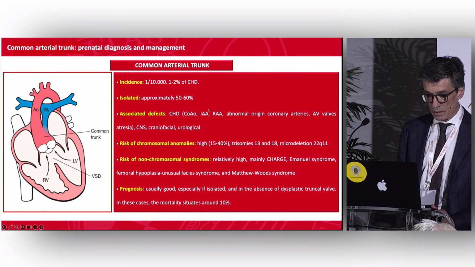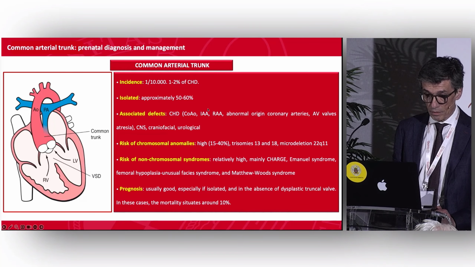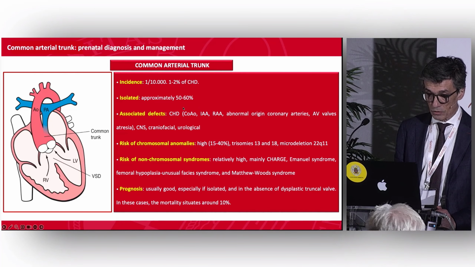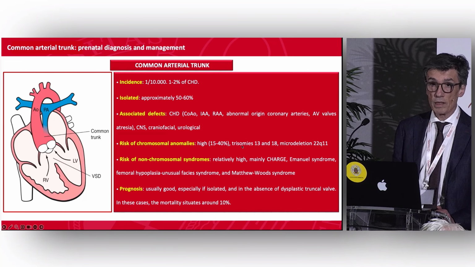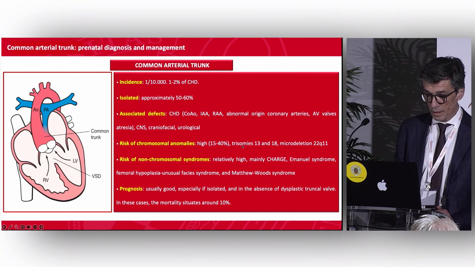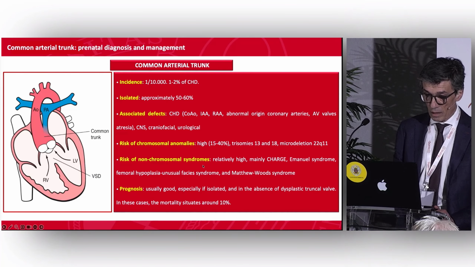In most cases, 50 to 60%, it is present in isolation, and in the remaining cases it may be seen associated with other defects, as we will see later. The risk of chromosomal anomalies is very high, ranging from 15 to 40%, mainly microdeletion 22q11, and the risk of non-chromosomal syndromes is also relatively high, mainly CHARGE, Emanuel syndrome, and so on.